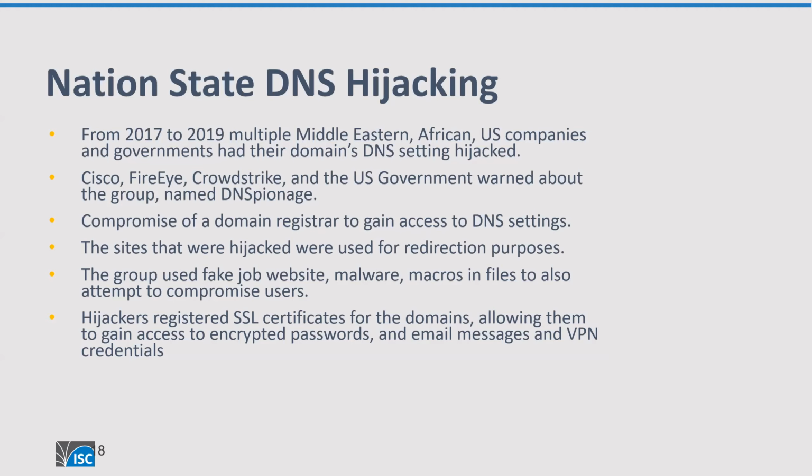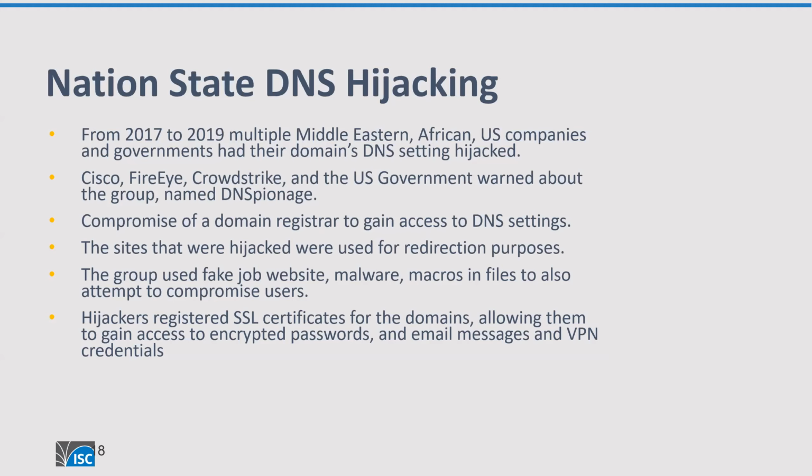And the way that they seem to be able to gain access to a bunch of domains that belong to these governments and companies was they actually compromised the DNS of the registrars, and they were able to make changes. They were able to redirect where these domains were going.